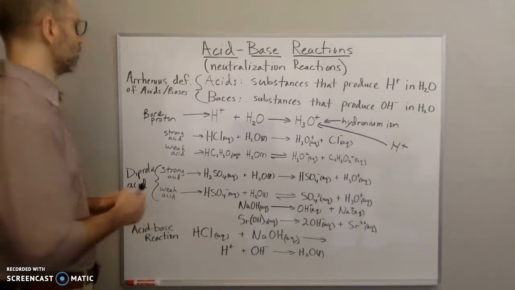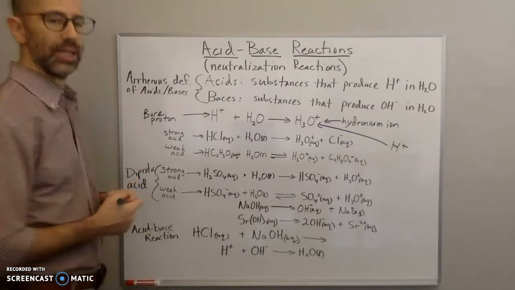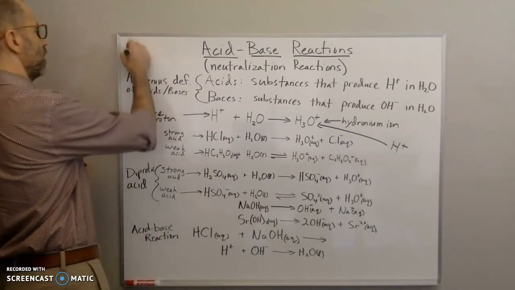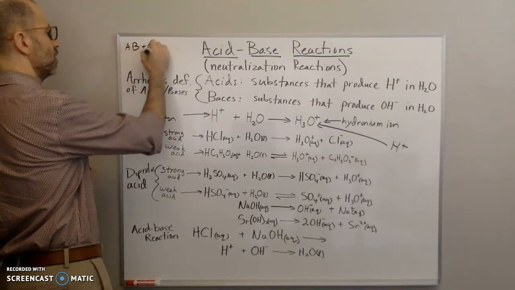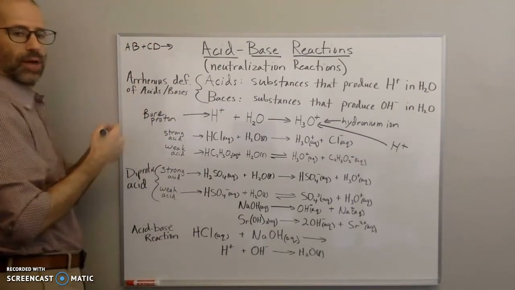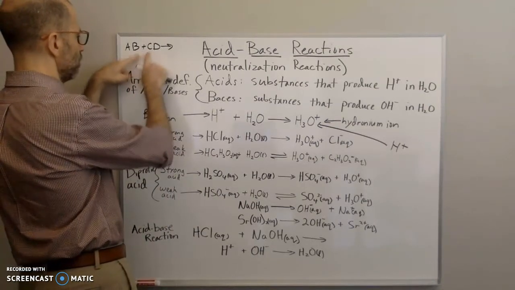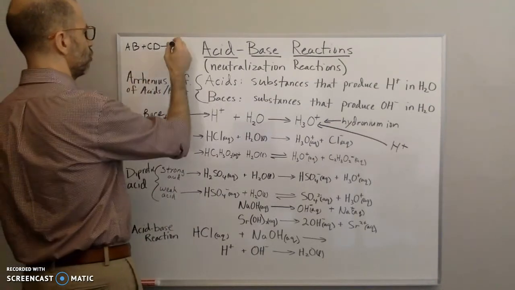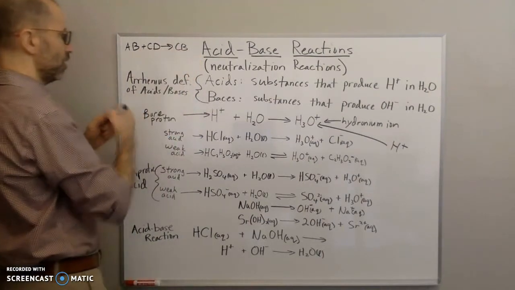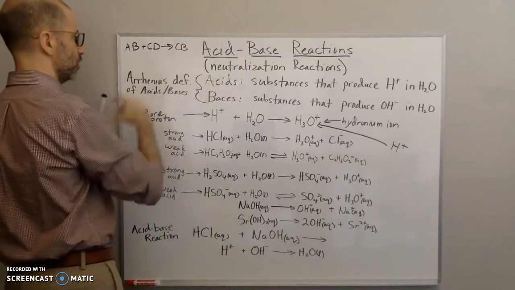If you remember from the precipitation reaction, the way you predicted your products was you had AB plus CD, right? And then you had to predict your products, and the way we did it was the inside ions went together because that's plus and minus. So that would be CB. So then you would balance that equation to make sure it's balanced in zero charge.